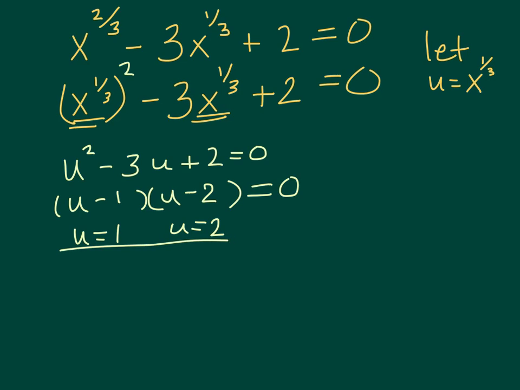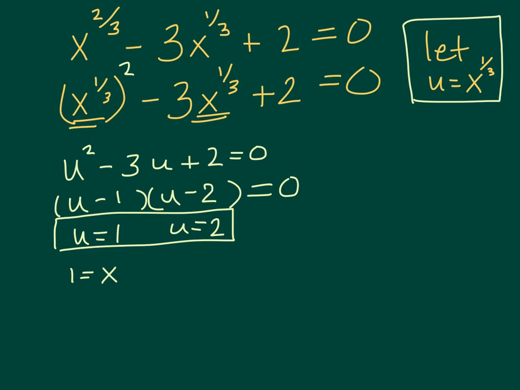Again, these are just u values, so we need to go back to our substitution and say 1 equals x to the 1/3 or 2 equals x to the 1/3. Now, it might take a little thought, but remember that x to the 1/3 is the cube root of x.